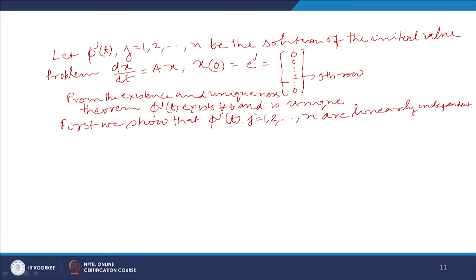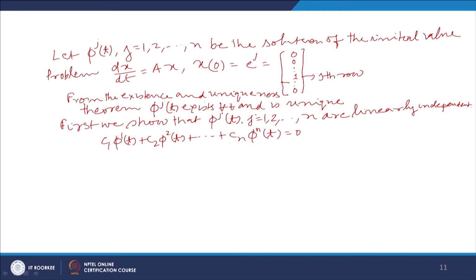Okay. So, for this what we will do, let us write the equation C1 phi 1 t plus C2 phi 2 t and so on Cn phi n t equal to 0, where C1, C2, Cn are constants.